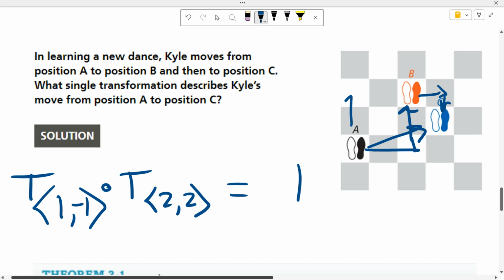So if we combine those, what is his transformation from A to C? What's 1 plus 2? 3. -1 plus 2? +1. So it's (3, 1). He goes over 3, up 1.